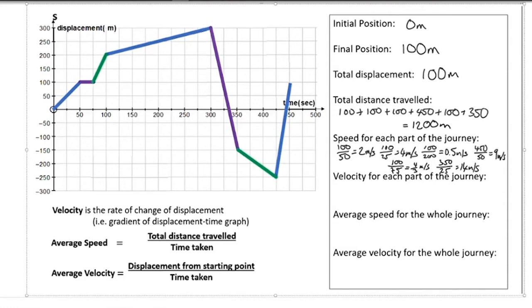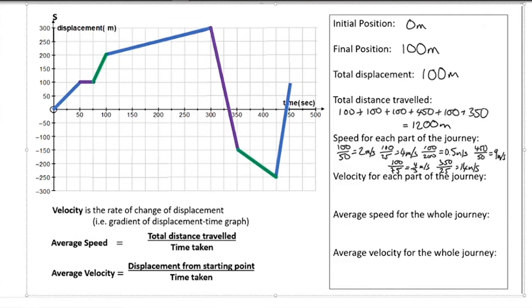Next, we're asked for the velocity of each part of the journey. This is going to be very similar to the calculation for speed, except we're going to need to take into consideration the direction we're moving. Are we moving away from the starting point, or are we moving towards the starting point? Are we moving in the positive direction and displacement is increasing, or are we moving in the negative direction and displacement is reducing? There are two parts of this journey where we're moving in the negative direction.